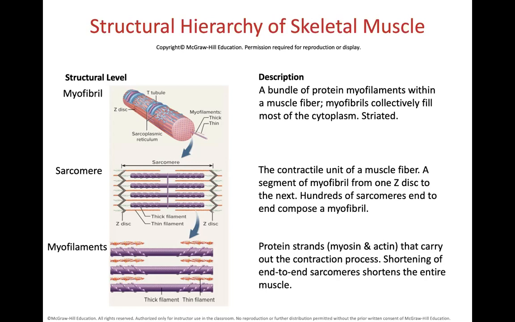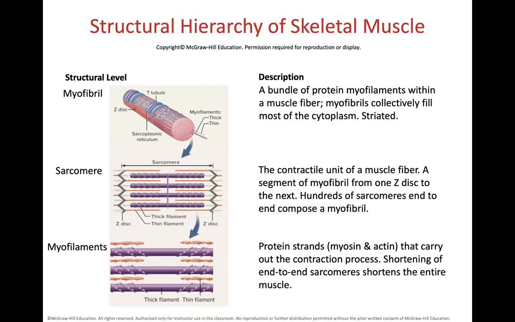These myofilaments are made of myosin and actin, which may sound familiar to you. They're proteins that are often involved in movement in a lot of different organisms, different parts of organisms. So yeah, myosin and actin are just proteins, and we'll go into more detail on them. I'm going to spend a good amount of time talking about these specific myofilaments, the myosin and the actin.